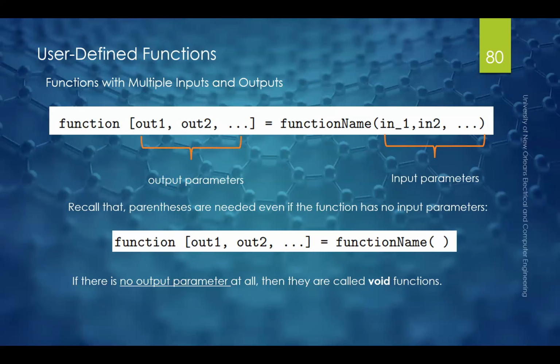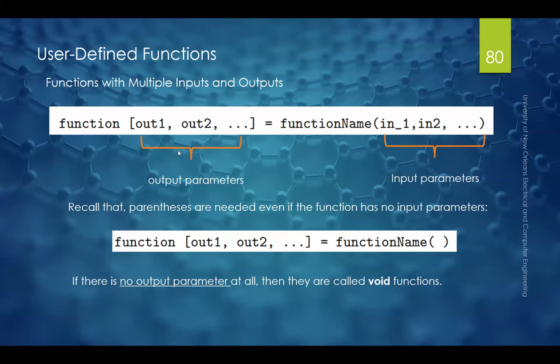So if that's the case, then the formatting you're going to use is, again, you're going to have the keyword function preceding your output, then the function name followed by the variables you're going to use as inputs, right? If you have more than one, they're going to be enclosed in parentheses and separated by commas, as many variables as you have. So this will be your input parameter section.